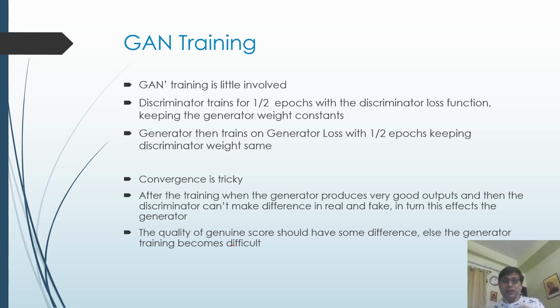In that case, the accuracy of identifying something as fake goes to something like 50%, which is like a random guess. If the discriminator is reduced to making random guesses, the feedback it gives to the generator is also not good, so the quality suffers. This is something we need to pay attention to.